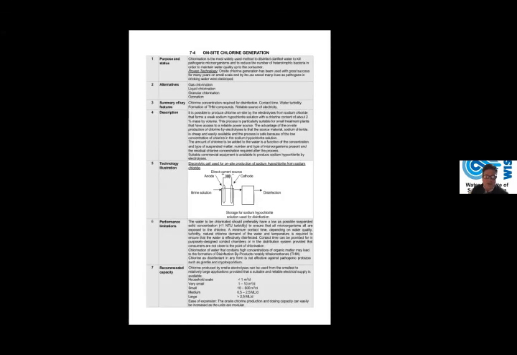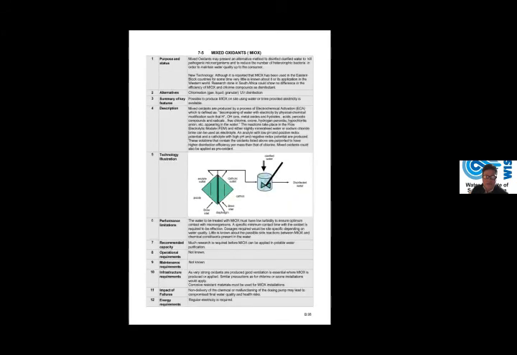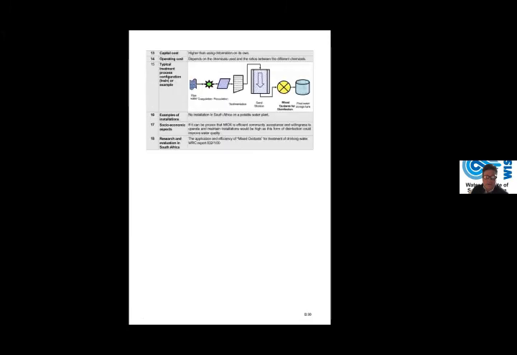On-site chlorine generation, typically from salt. You can do that, the same principle as the salt water swimming pools and chlorinators, where you generate through an anode and a cathode and electrical current, you can generate your own chlorine. Mixed oxidants are some of the variations that you can do.